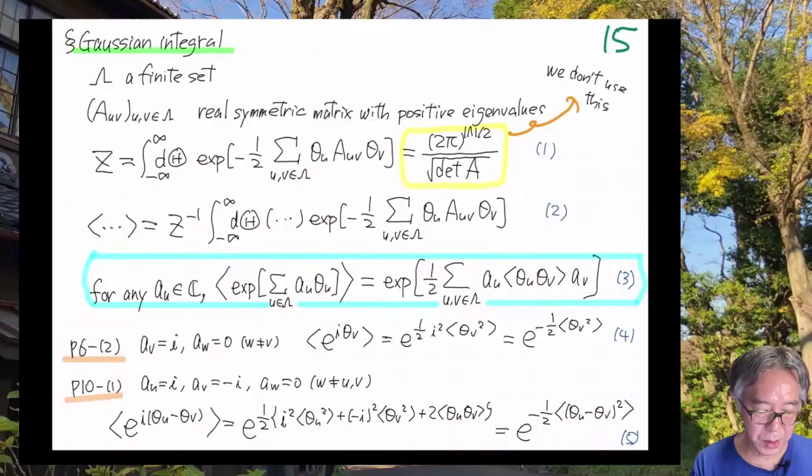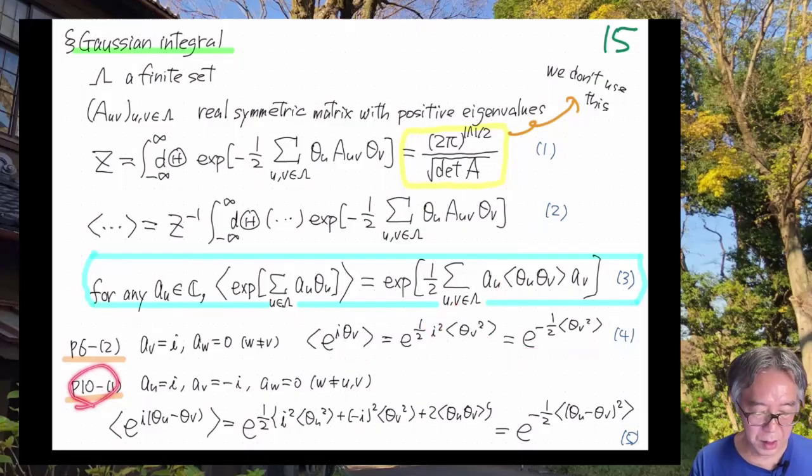So now suppose that we fix V, and suppose that AV equals Y, and set AW equals 0 for all other W. Then the left-hand side becomes simply this. For the right-hand side, you only have to consider U and V equal to V, and then you have 1/2 I squared and 0 V squared, and so this is exactly what we had.